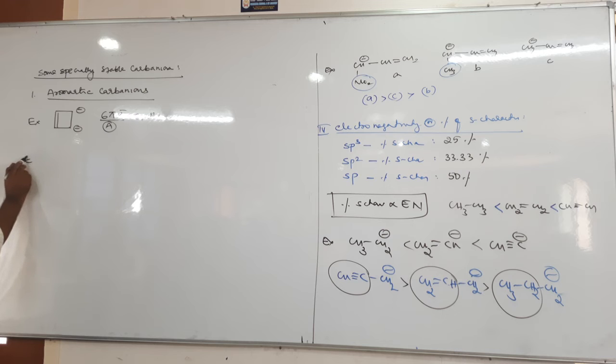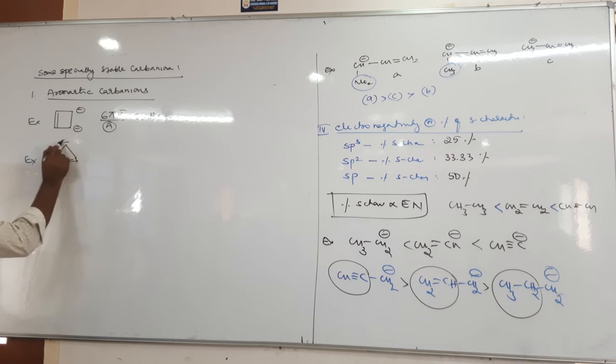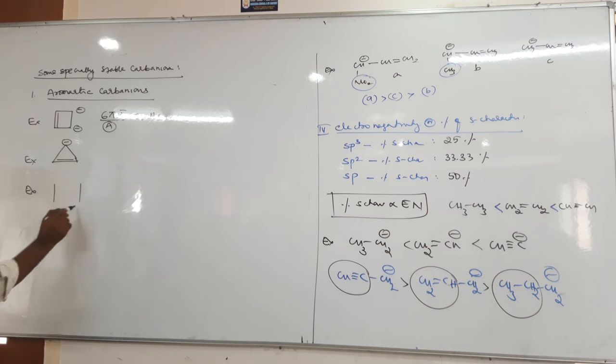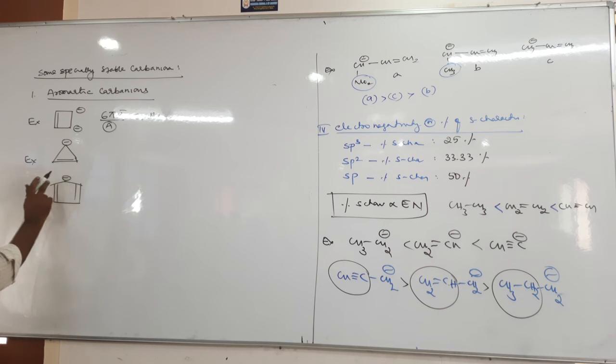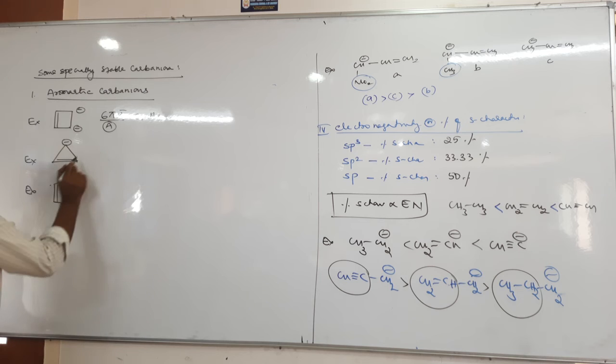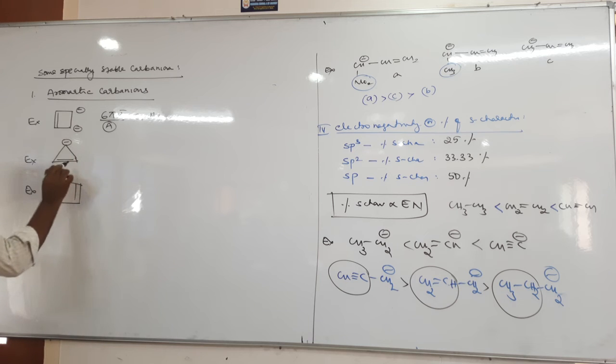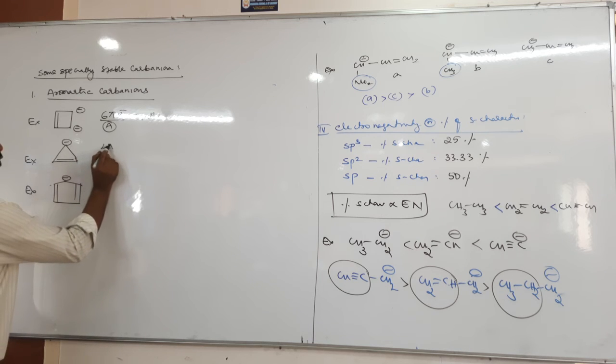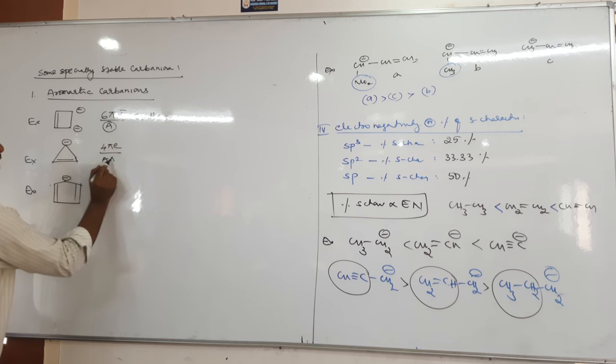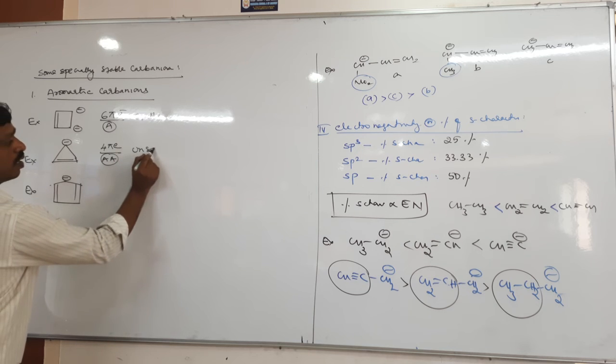Next, tell me, stable or unstable? Unstable. Why is it unstable? There is a 1 and 2, that means 4 pi electrons. 4 pi electrons, it comes anti-aromatic, unstable.